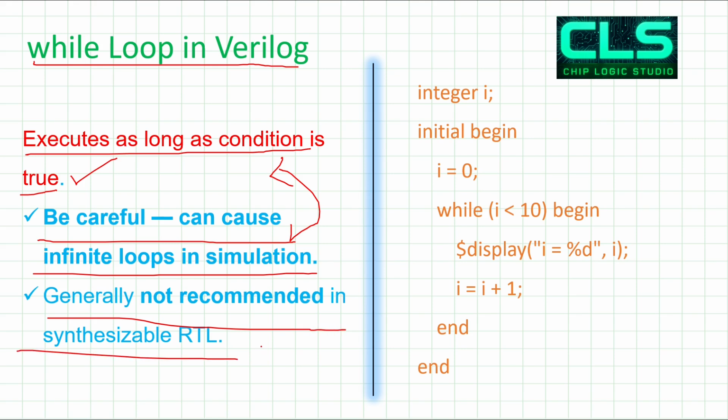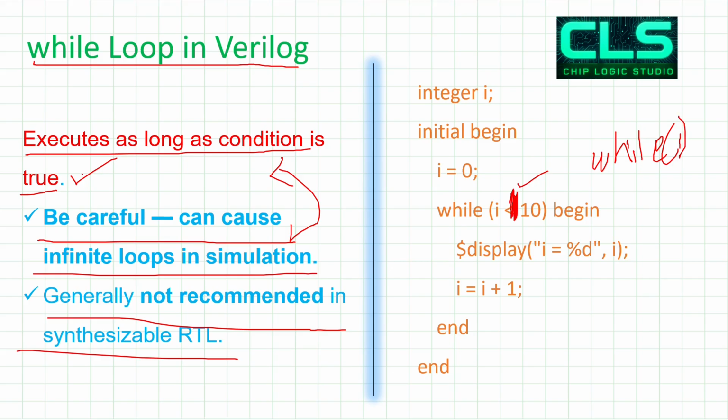As I said, for loops and different loops are there for creating hardware, but they are used mostly in our test bench, and there we also use other loops than the while loop. If you write 1 here, for example, inside there may be any statement, but it will always be true because while (1) is always true.